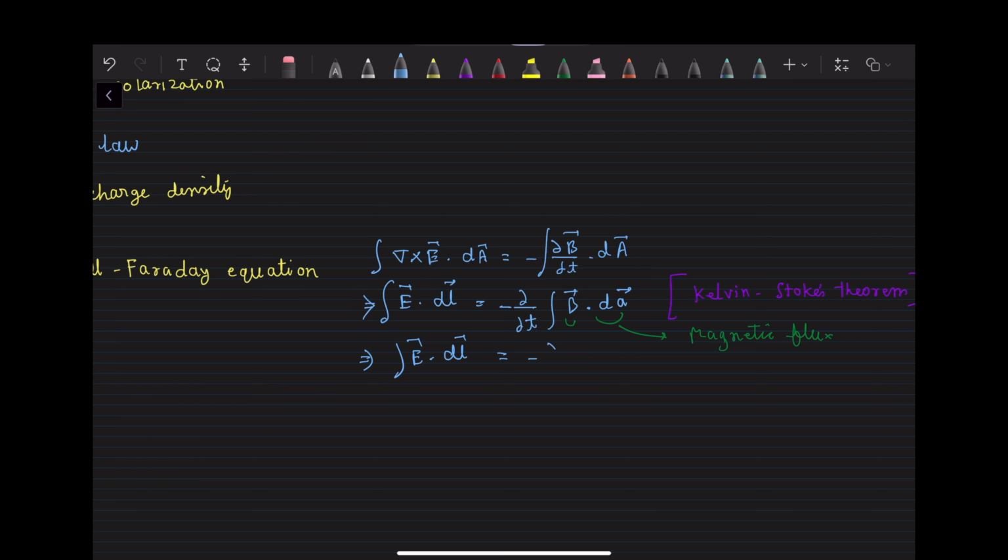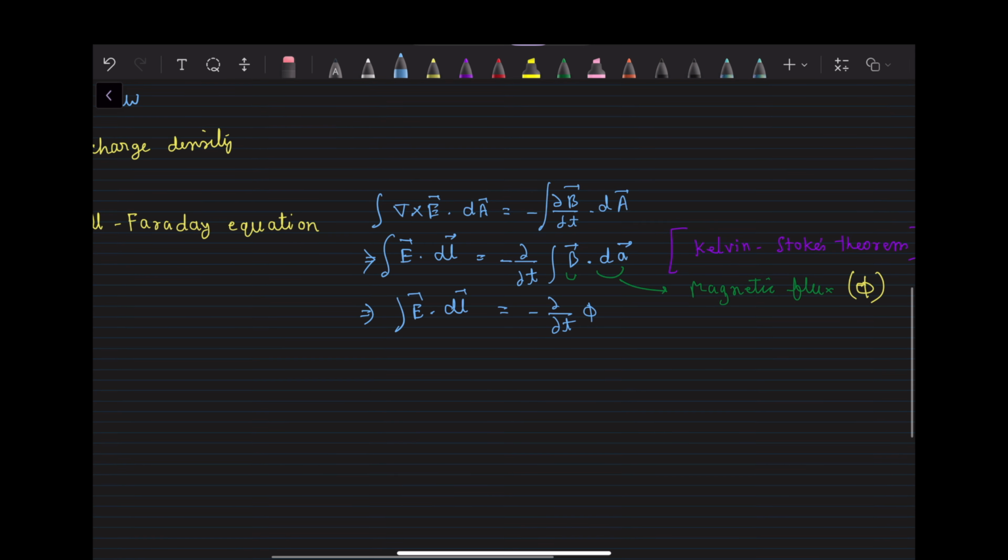The common way to write it is capital phi, and this is actually the electromotive force.